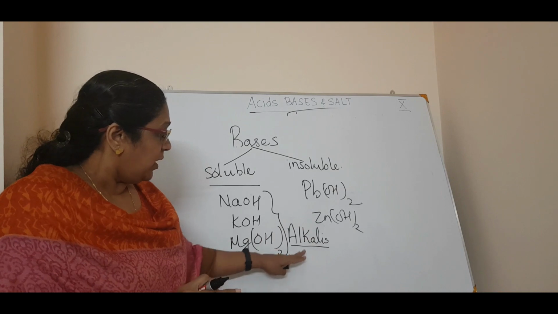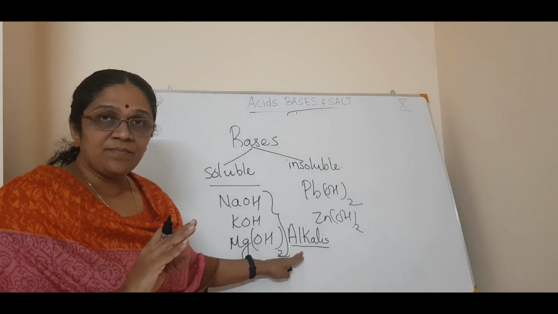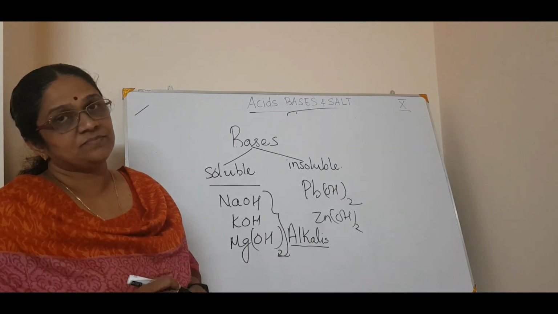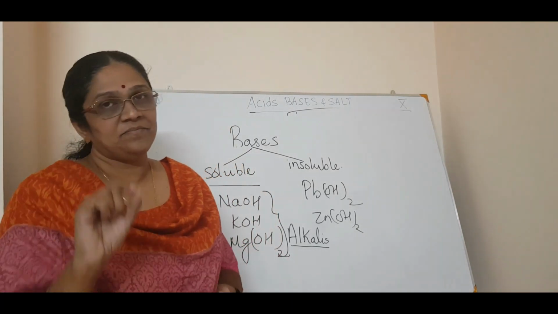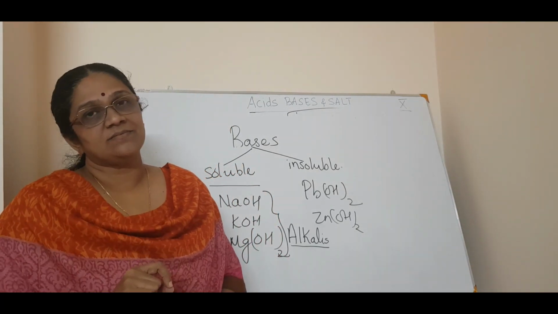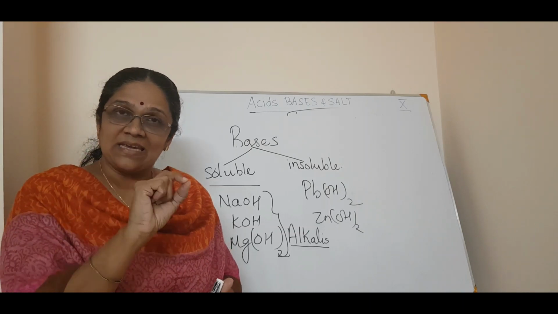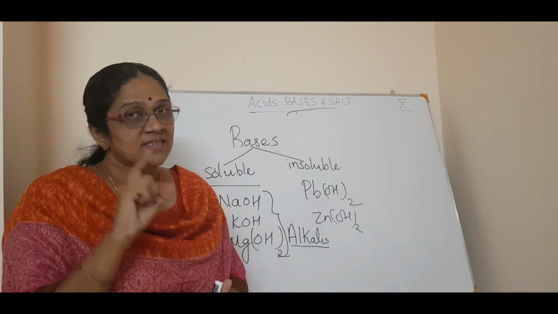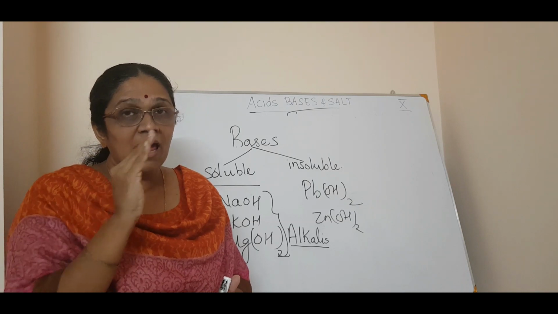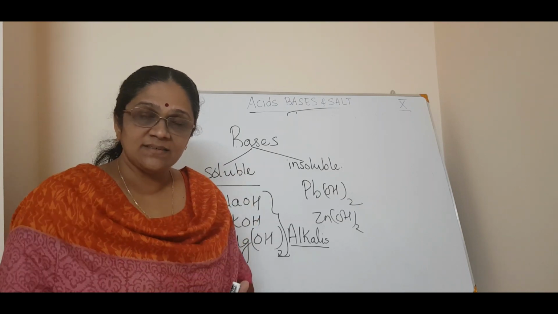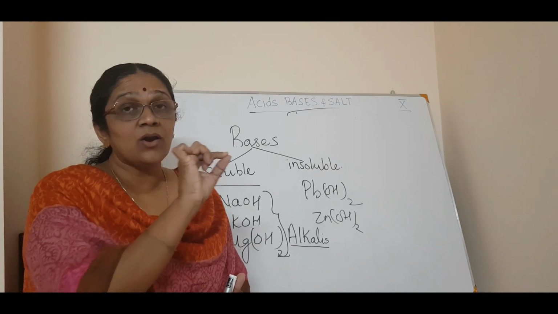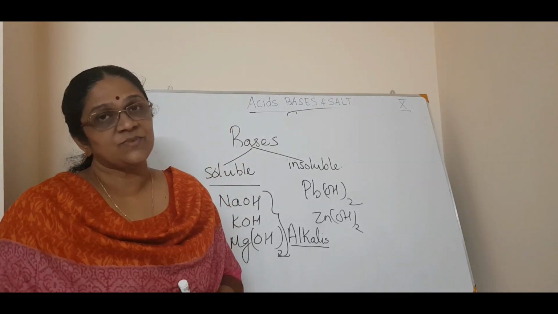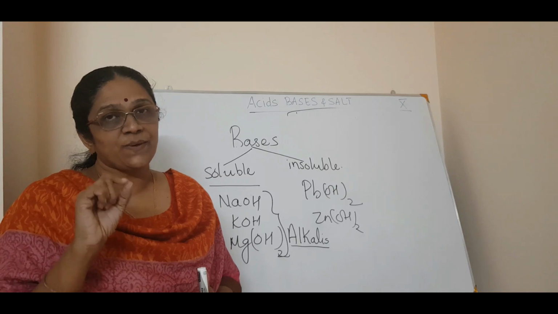So now you have defined alkalis. Now there is a board question here. Listen carefully. All alkalis are bases, but all bases are not alkalis. Got it? Just write down the question.